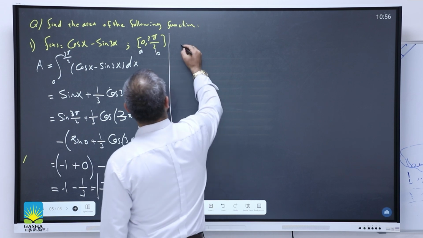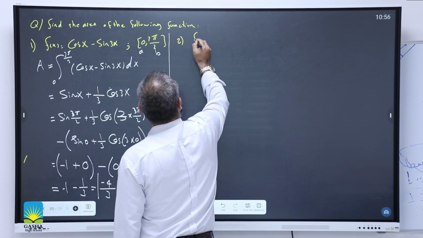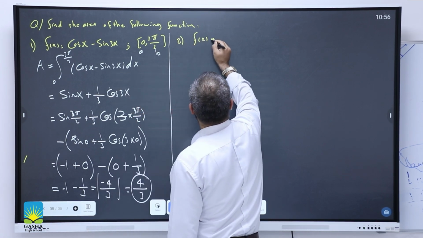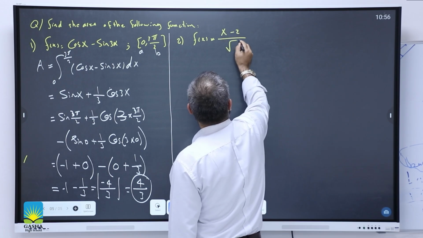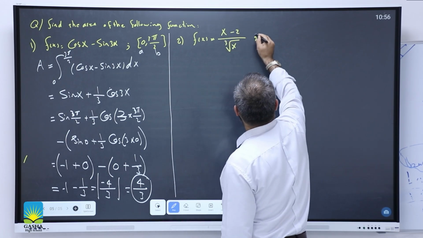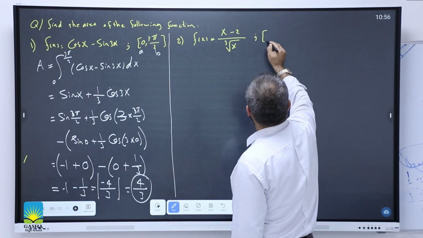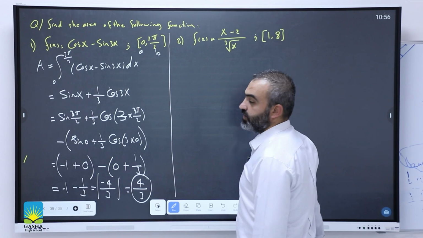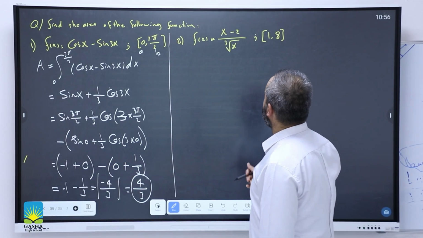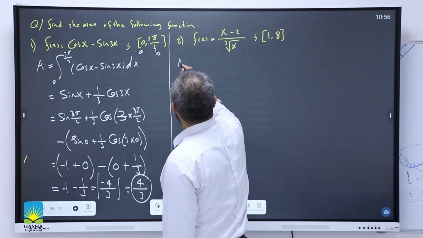What about 2? f of x equal to x minus 2 over cubic root of x on 1 to 8, right? So what's the area of this?